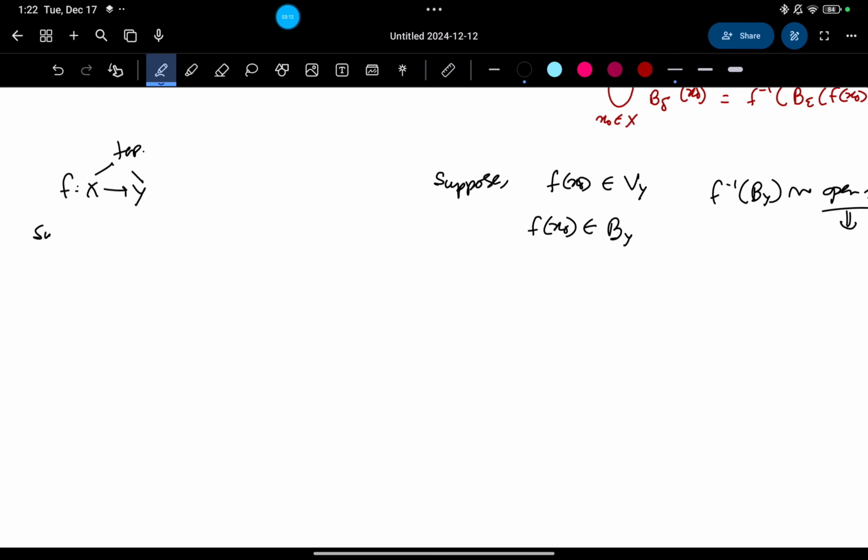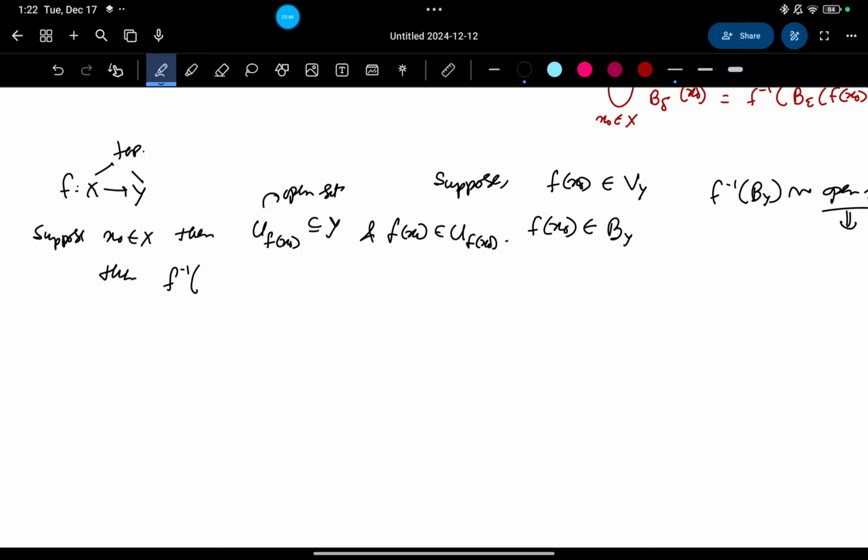Suppose small x naught belongs to capital X, then we may take any open set U of f of x naught, which is a subset of Y. This is an open set, and the property is that f of x naught is inside U of f of x naught. Then the f inverse of U of f of x naught is open in X, and of course x naught belongs to f inverse of U of f of x naught.